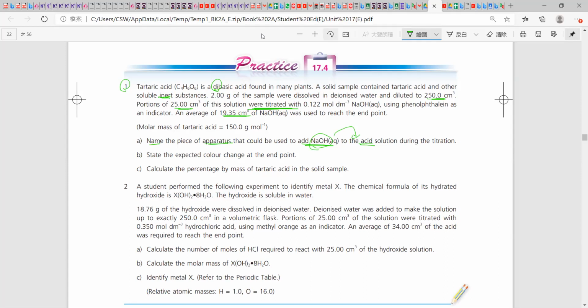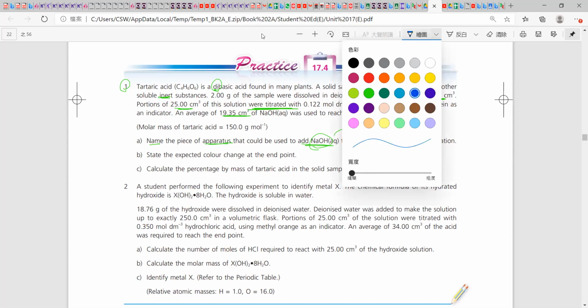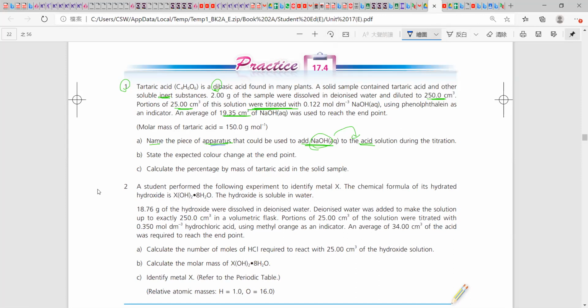So what is the apparatus? Tam Guan Yao, are you here? Tell me what this is. Conical flask.